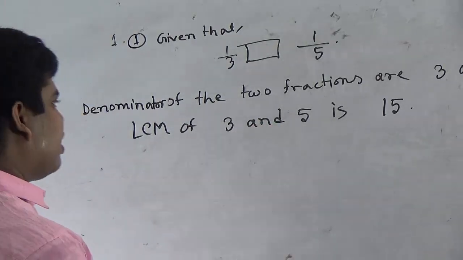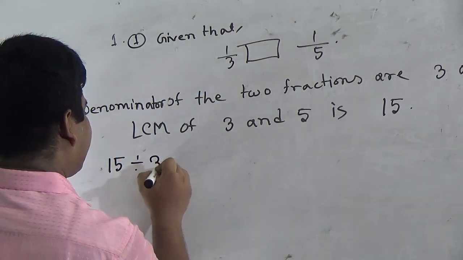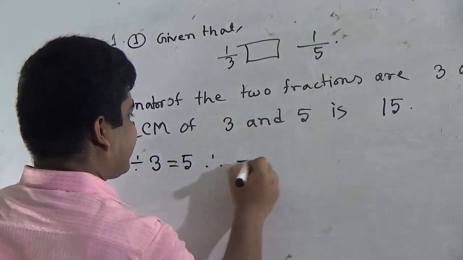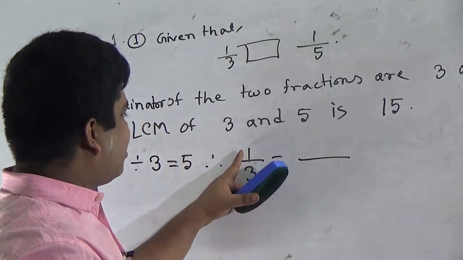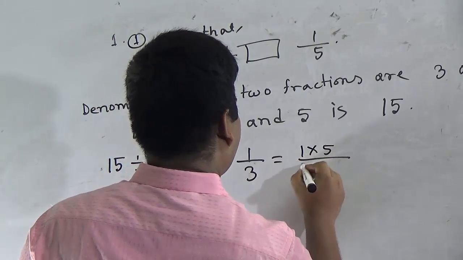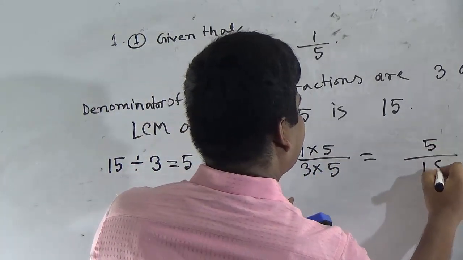Okay. Now, 15 divided by the denominator of the first fraction, that means 3. Here 3 5s are 15. Then we write the fraction, 1 by 3. Now we multiply this numerator and denominator by 5 and we get 1 multiply 5 and 3 multiply 5. 5 1s are 5, 5 3s are 15.